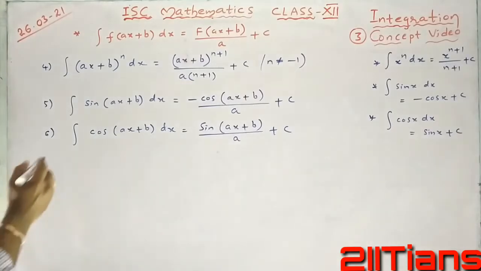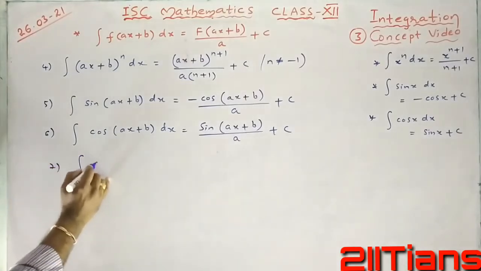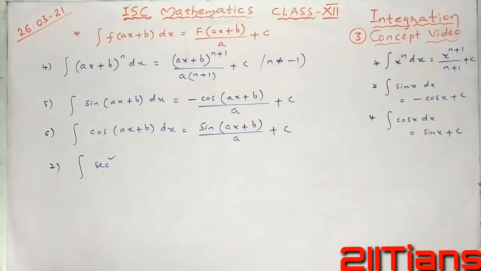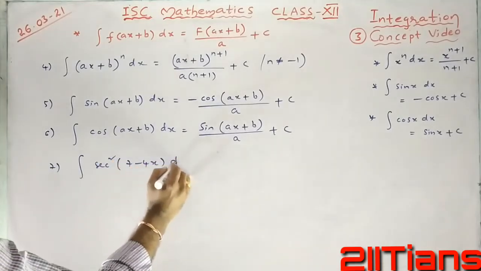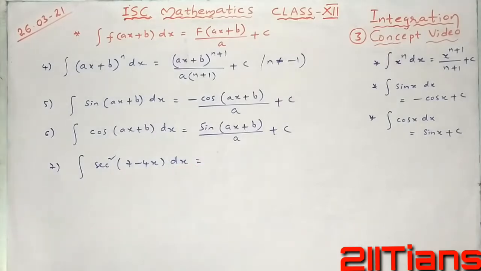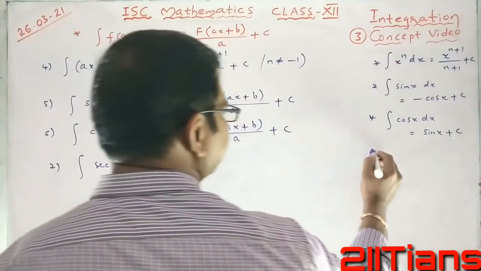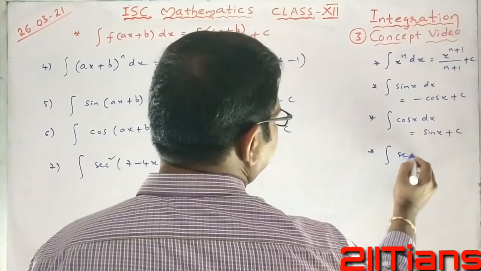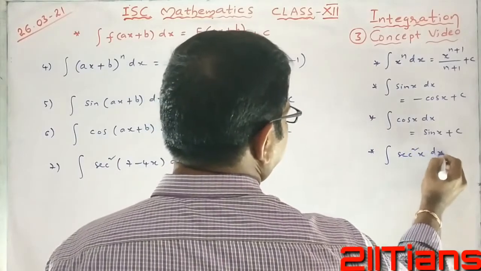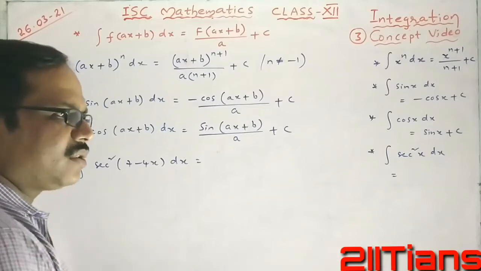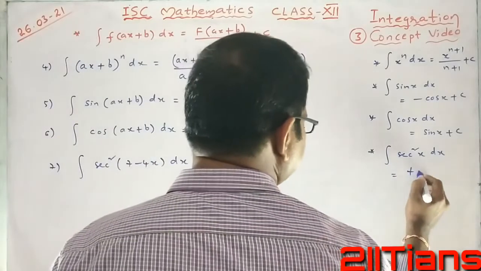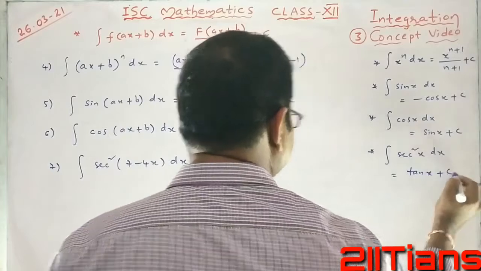So next, secant square of 7 minus 4x. What is the integration of secant square x? We know that the derivative of tan x is secant square x. So the integration of secant square x is tan x plus c.